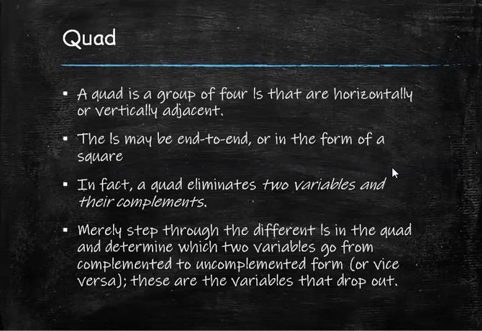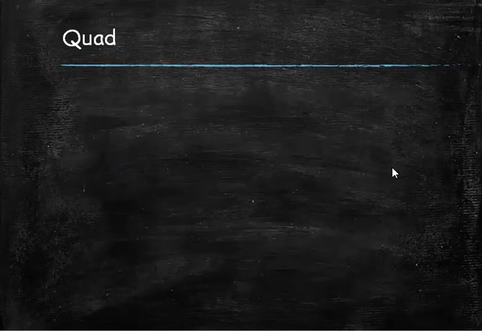And we can remove those changed variables, from complemented to uncomplemented form or uncomplemented to complemented. Those variables drop out and the remaining two variables give the Boolean expression.